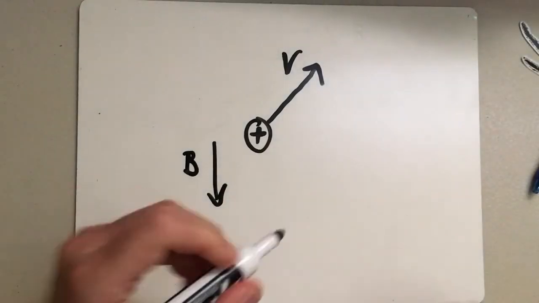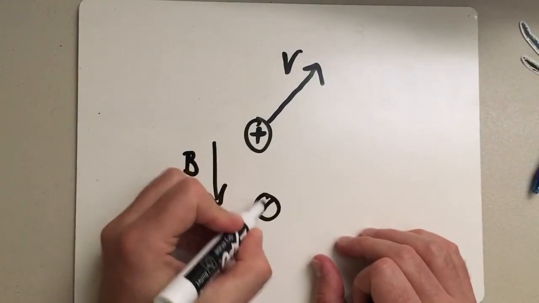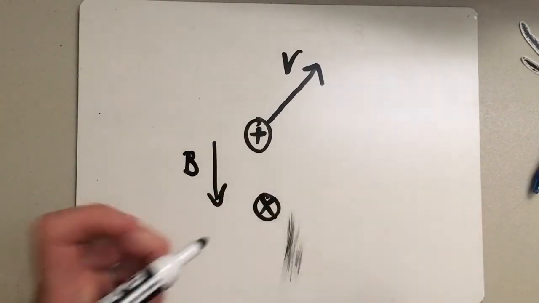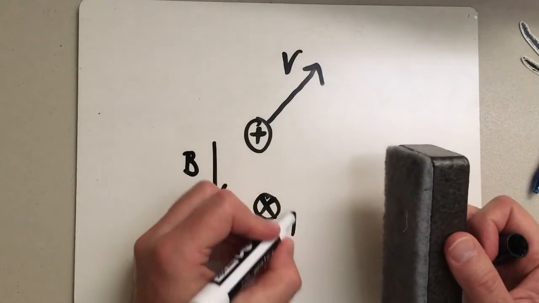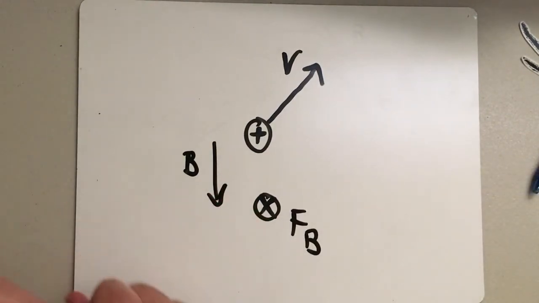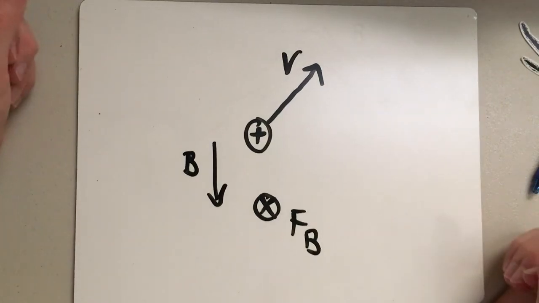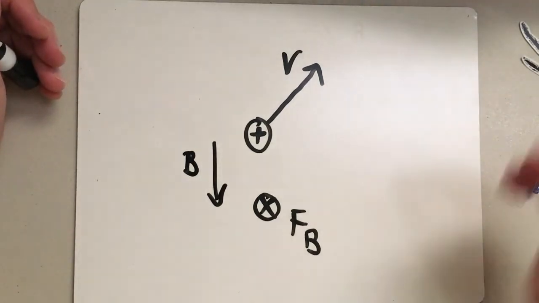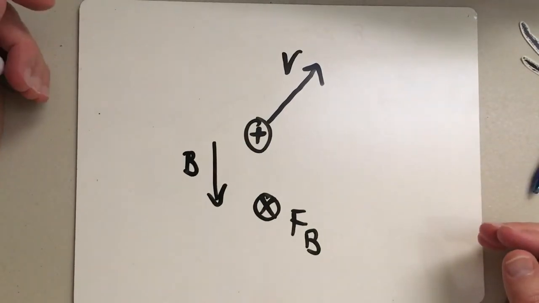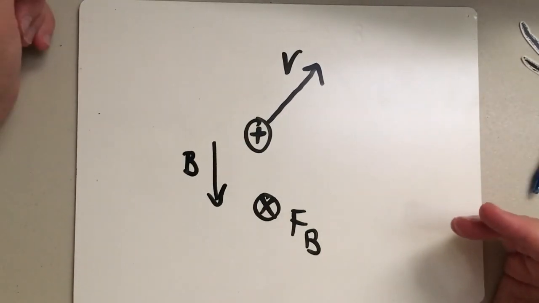So that means, oops, this is force. The force is going into the screen like that. It takes some practice with the right-hand rule. That's why there's the homework. Certainly, if you're having difficulties, reach out to myself or whomever for some assistance.